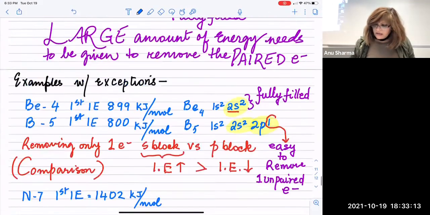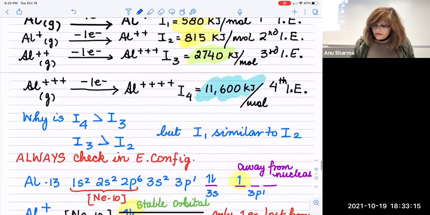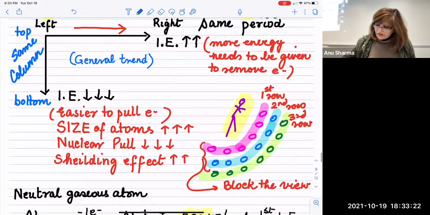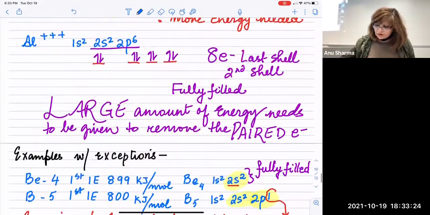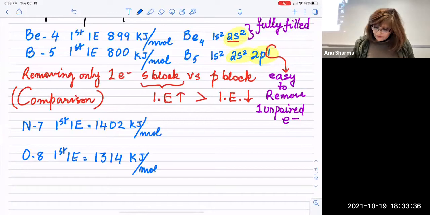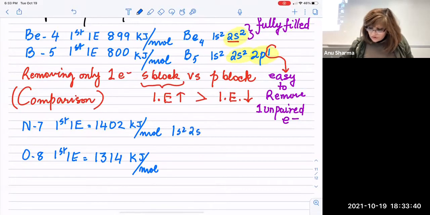Nitrogen is in group 5, oxygen is in group 6, so you would expect the ionization energy of oxygen to be more. But no, the first ionization energy of oxygen is less, 1314 kilojoules per mole. Why?